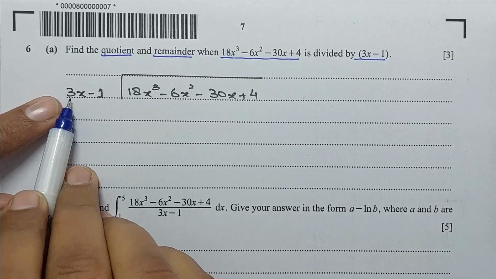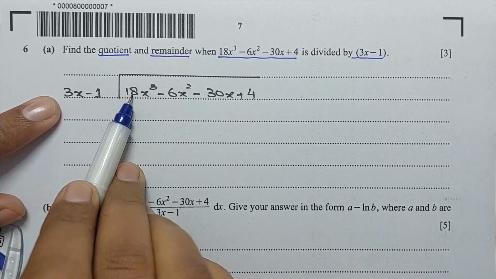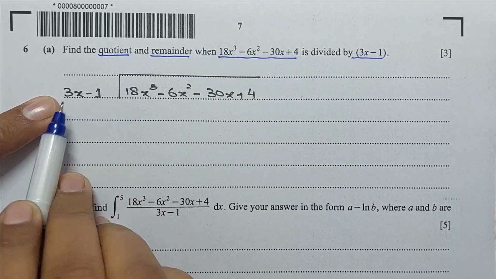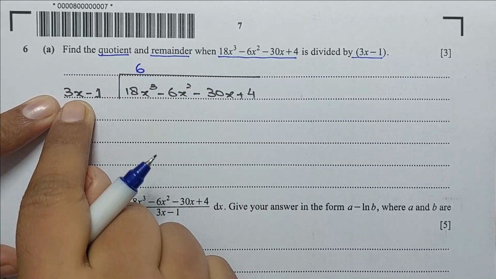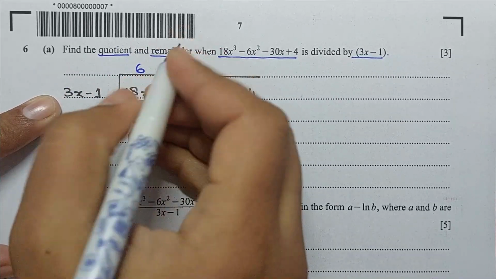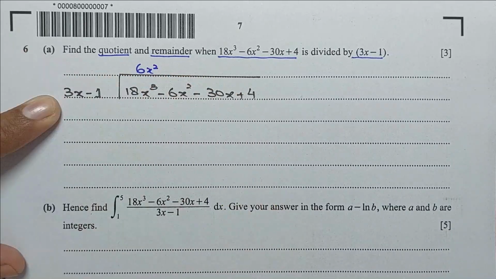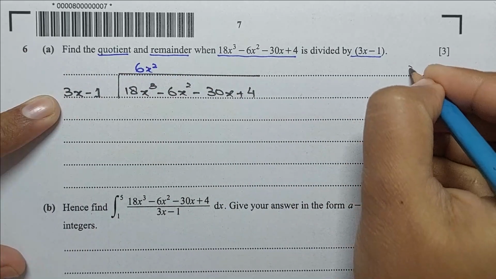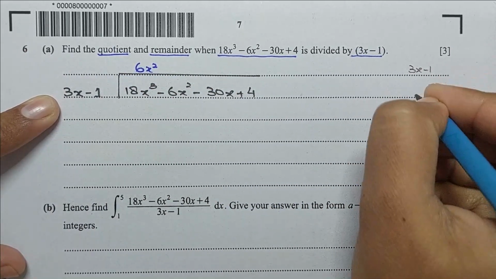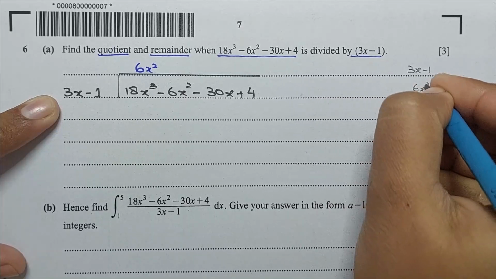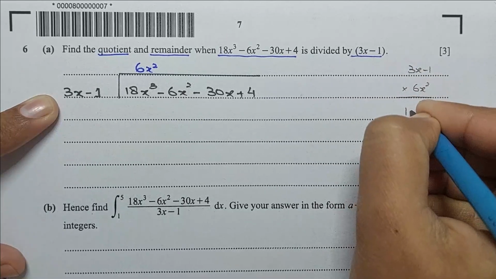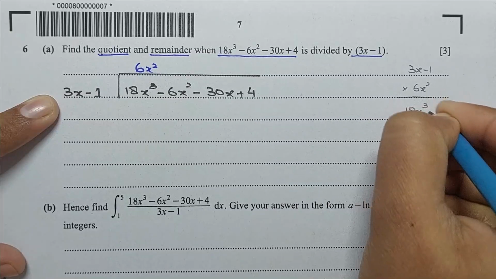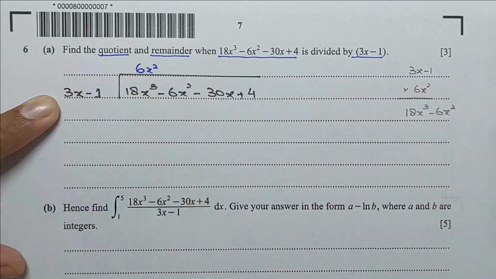Okay, so 3x is multiplying with what number to give you 18? 3 times 6 is 18. You have to multiply by 6. And x times what makes x cube? x square. So if you do 3x minus 1 with 6x square, when you multiply, 6 times 3 is 18x cube minus 6x square.